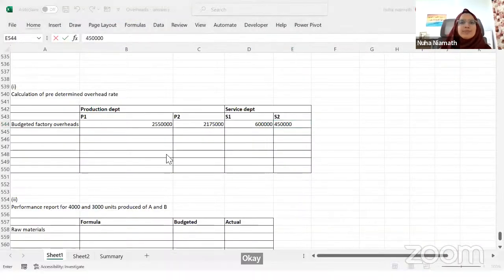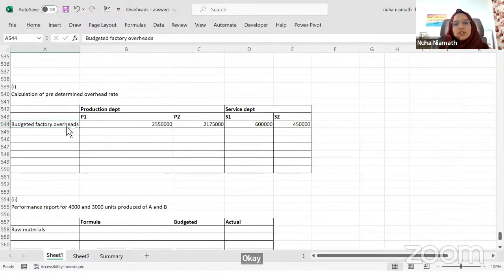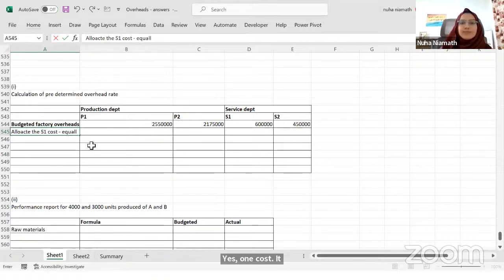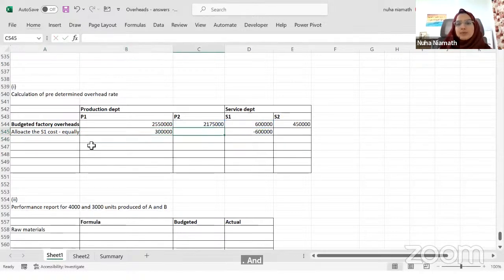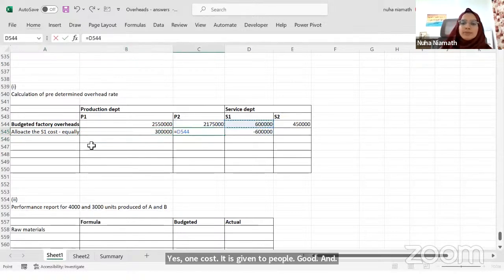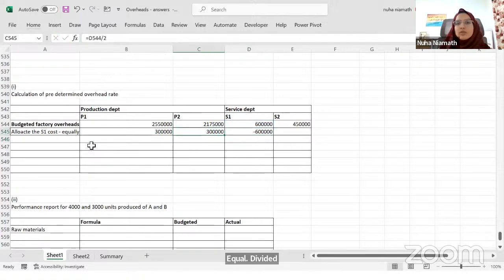Okay, perfect. So we have our budgeted factory overheads. So step 1 is we will allocate the S1 cost, which is given to be equal. Correct? So let's reduce our entire S1 and split it equally, divided by 2, that will give us 3 lakh each.